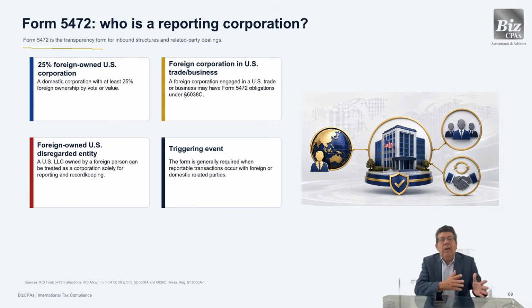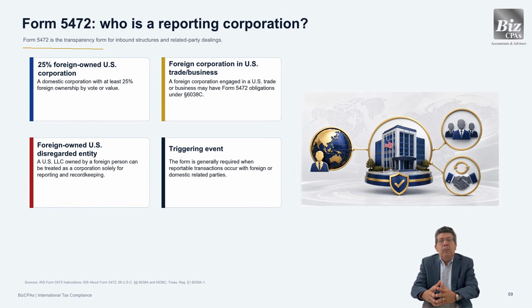So a foreign entity or an individual owns 25% or more of that U.S. corporation. And then there's also, lately, since the new law that came up in 2017, that started requiring single-owned LLCs. And let me explain a little bit more.